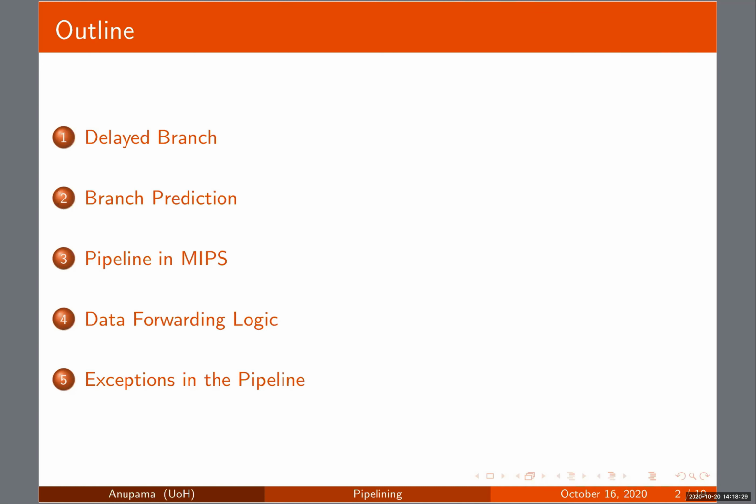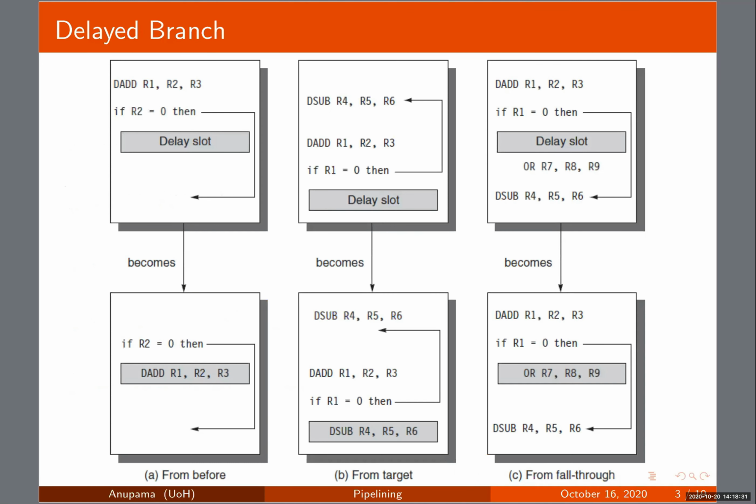So this is the delayed branch, what is called the branch delay slot. In the MIPS pipeline, there is only one stall cycle, because in the ID, the decode stage, it is able to finish everything, both condition checking as well as the determination of the branch target address.